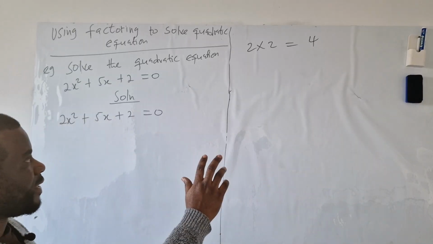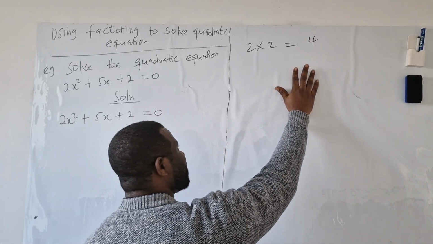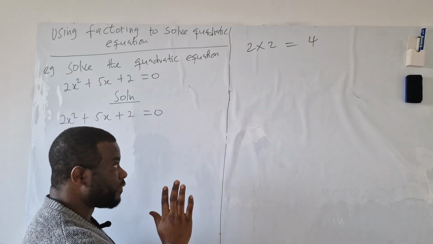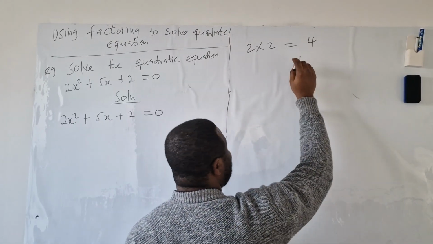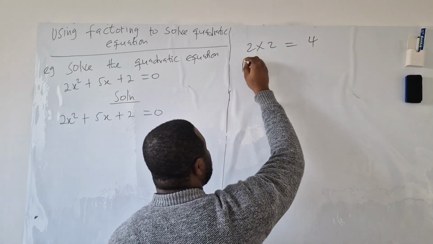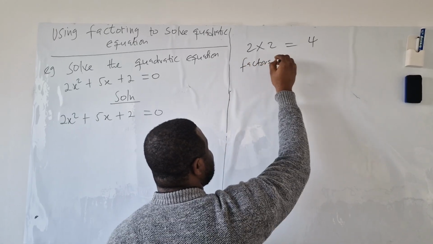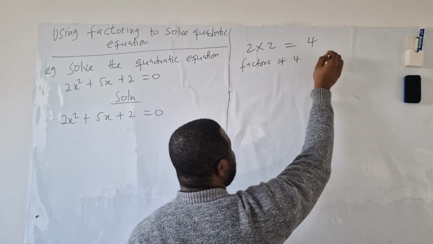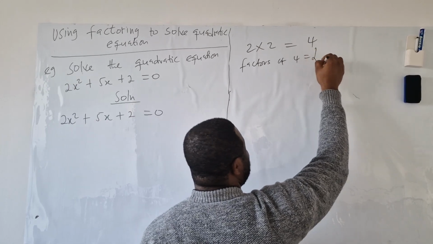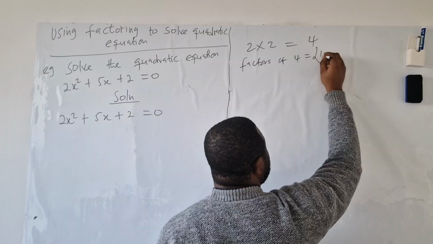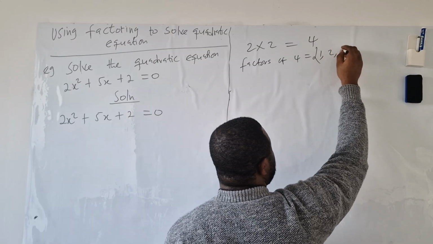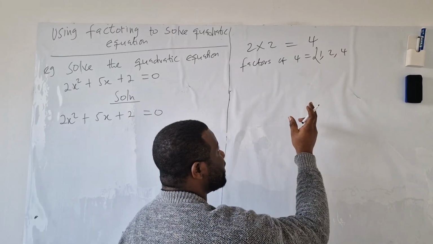Let's first finish finding the factors of 4 before we continue from there. Factors of 4. We're going to have 1, 2, 4. These are the positive factors.